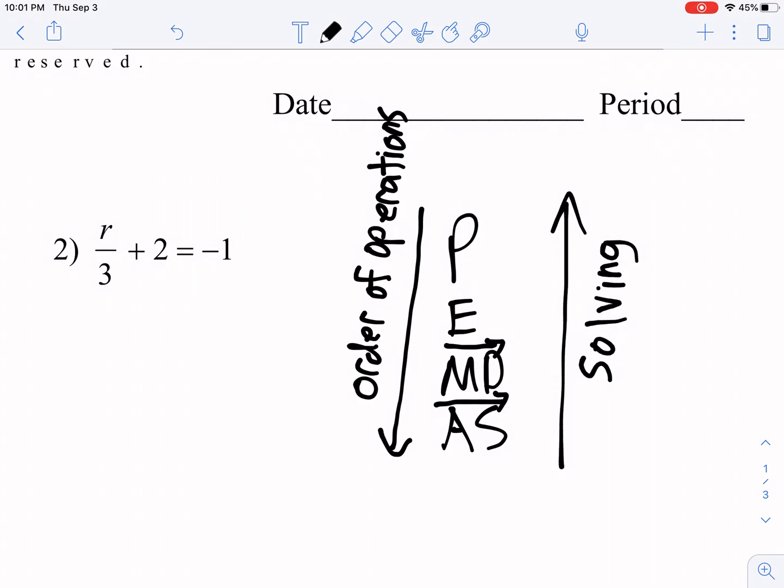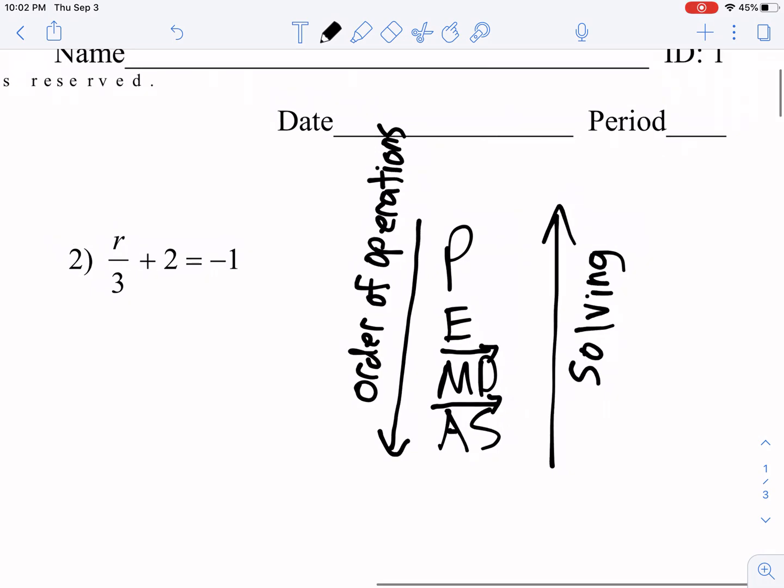Well, in a sense, we're undoing the order of operations. So the order of operations gets us to the end goal. Well, solving is I have a missing value and I have to undo the order of operations to get that variable by itself, okay? So instead of starting with parentheses, we're actually going to start with addition and subtraction and then work our way up the list.